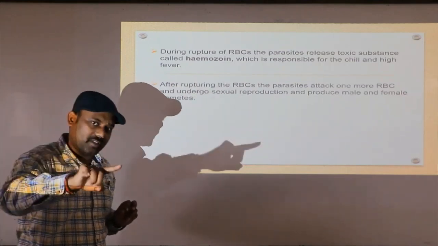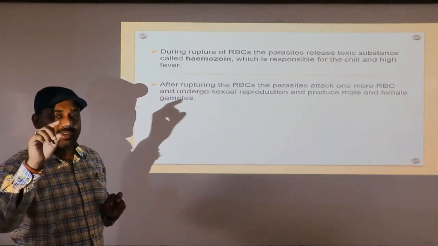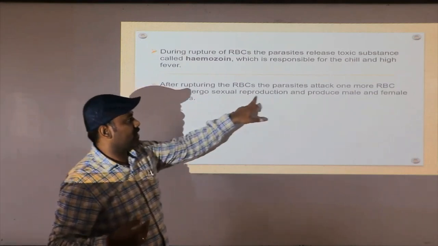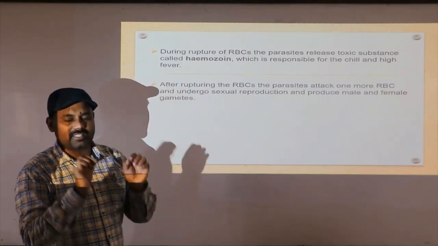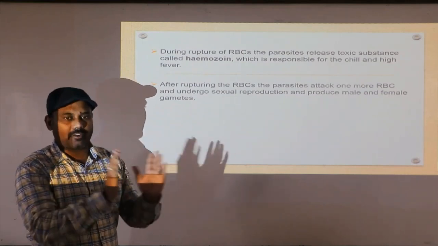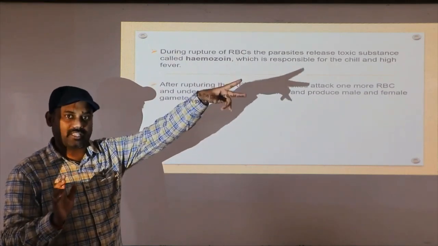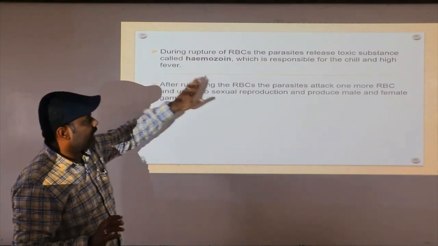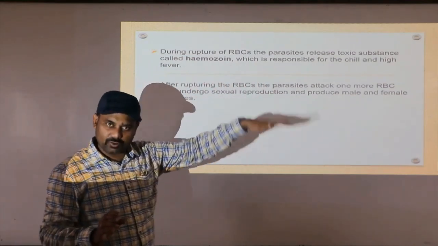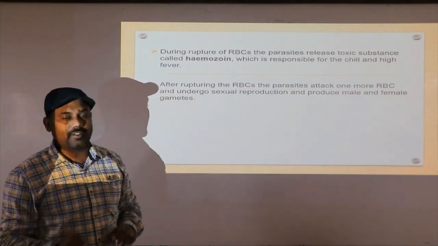In case of first RBC, asexual reproduction. But in case of second RBC, they undergo sexual reproduction and produce male and female gametes of sporozoites. Clear my point? Yes. So in second RBC, they undergo sexual reproduction and produce male and female gametes.